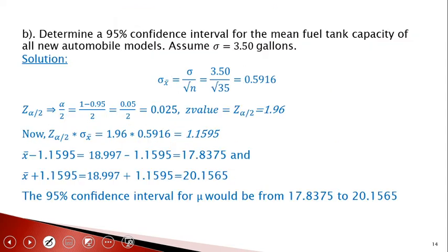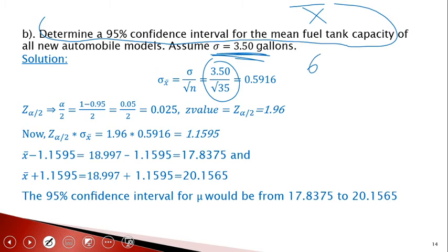Okay, let's see the next part. Determine the 95% confidence interval for the mean fuel tank capacity, which means for x bar. This is actually what we discussed so far. They have given sigma, so you can simply get this piece, sigma over square root of n. Then we can calculate c alpha.